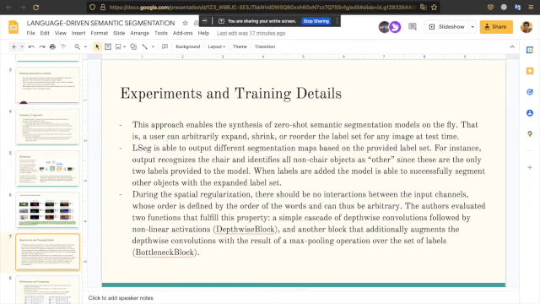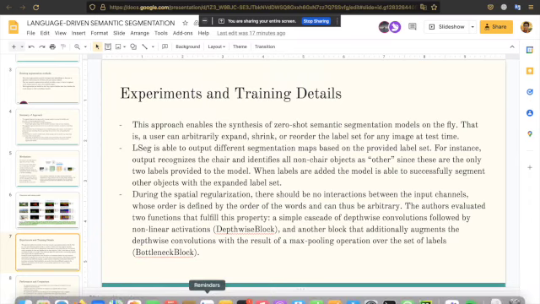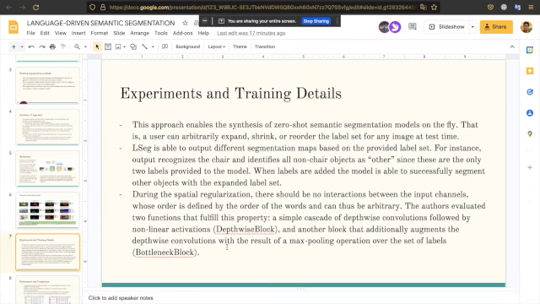And one more experiment or training detail which is to be noted is that during the final step of the spatial regularization, there are two different inputs. One is the inputs from the text encoder, and one is the inputs from the image encoder. Both of these should not be interacting with each other at any time, because these are separate entities, and if they interact, it's essentially as if you're letting your model learn the test data.